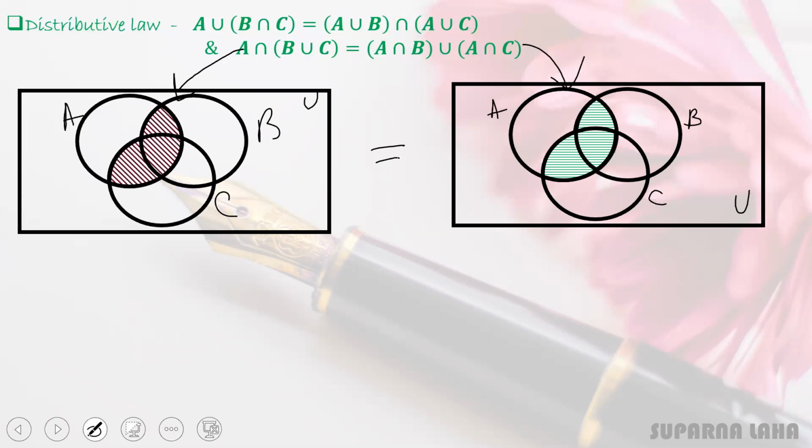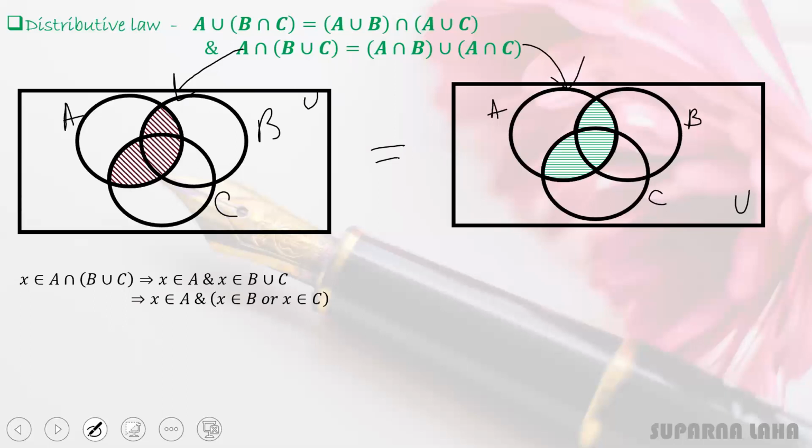Now let's prove it by mathematical expression also. So I'm taking the element X present in A intersection B union C, right? So remove this intersection with 'and', that is X belongs to A and X belongs to B union C. Now remove this union with 'or'.